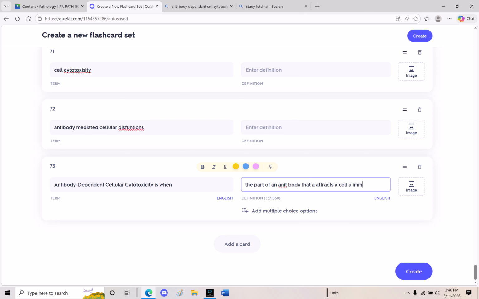So basically, this travels to some cell and it goes like this, and now it's bound to the cell. But this piece is sticking up in the air. And now something like a natural killer cell will come along and go, oh, I'm supposed to kill that. And then it'll eat it. That's your phagocytosis.